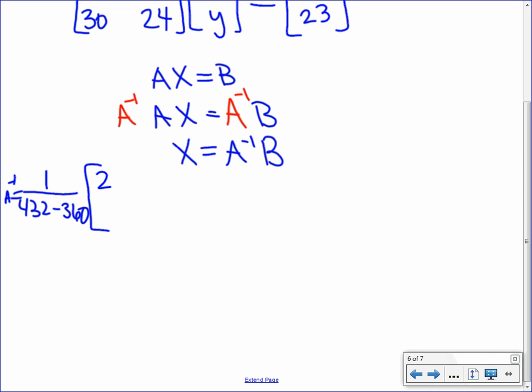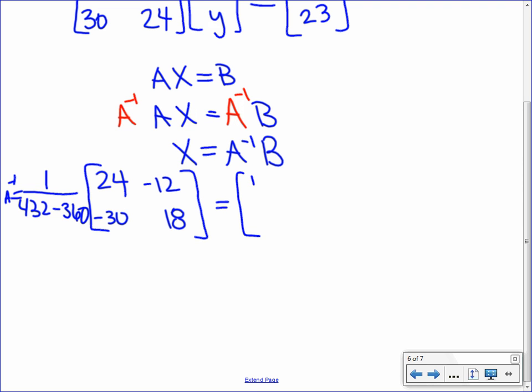So we switch 24 and 18. We negate 30 and 12. So what is 432 minus 360? 72.